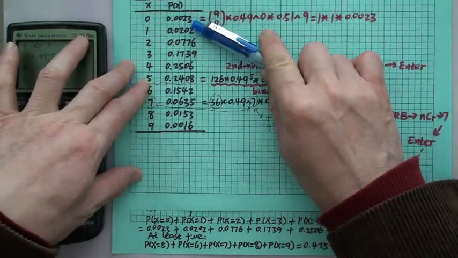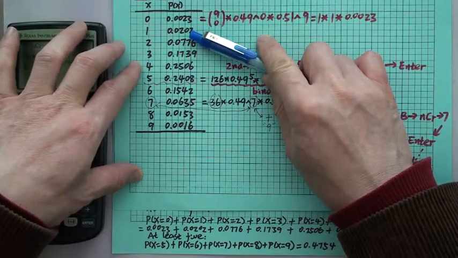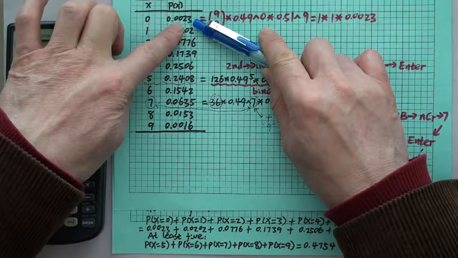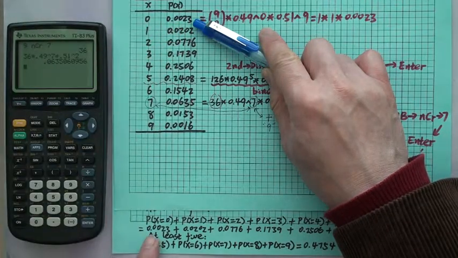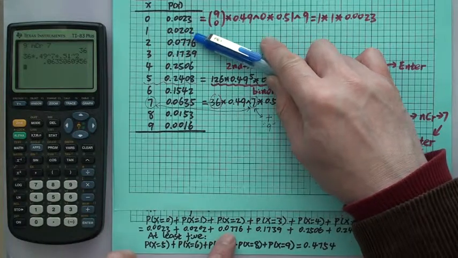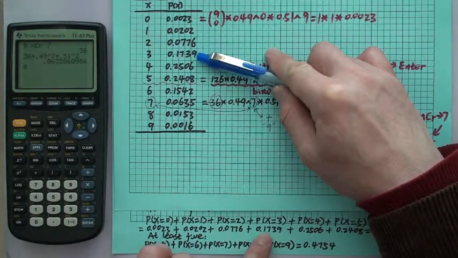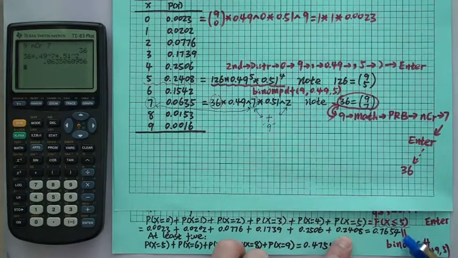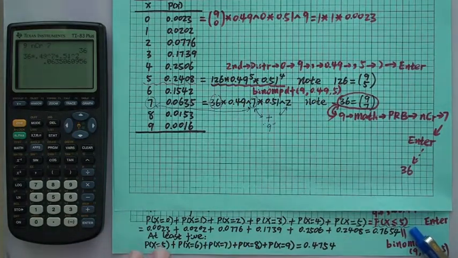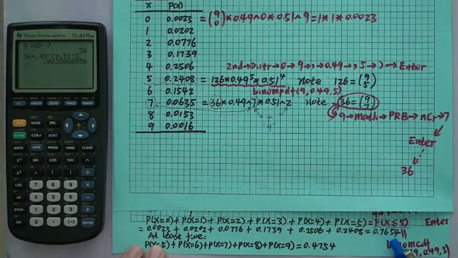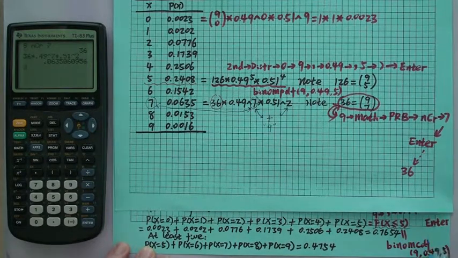Starting from 0, it's 0.0023, and then 1, 2, 3, 4, 5. For at most 1, you add all the values together, and you have 0.7654. That's at most 1.